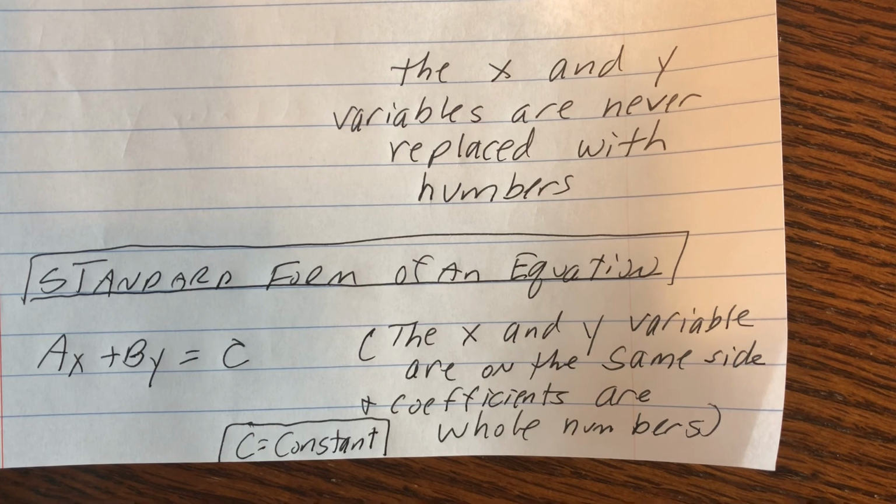That's the term that just has a number with it without any variable attached to it. And it's good practice to have the coefficients be whole numbers. So if you have a fractional coefficient on that x variable, you want to clear it out by multiplying the whole equation by the denominator of that fraction.